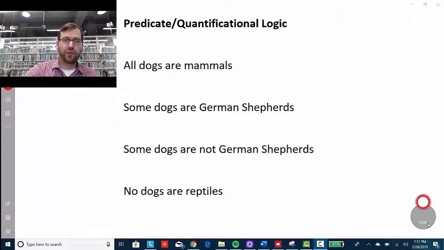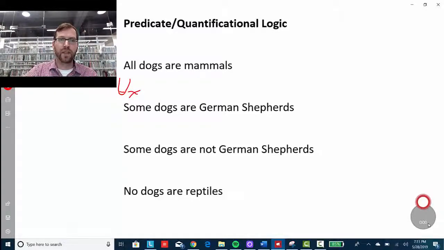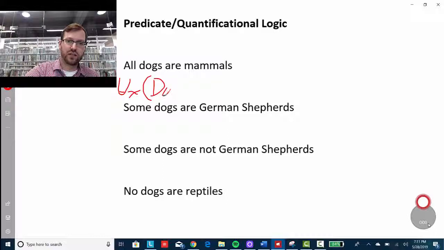Well, we're going to have to introduce a couple more symbols to be able to capture this notion of quantity. So that says for all x, it's our universal quantifier. And that x is a variable that ranges over everything in our domain, whatever it is that we want to be talking about.